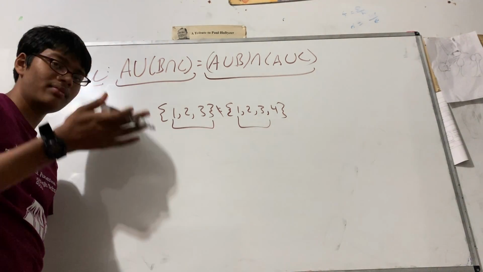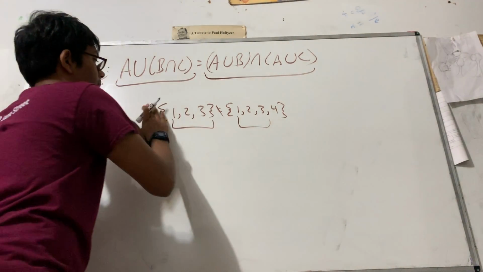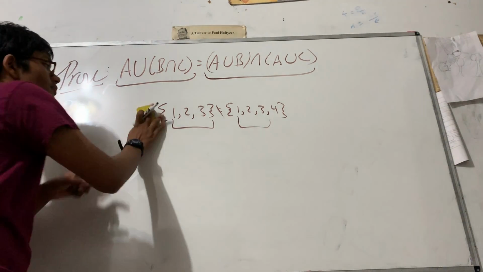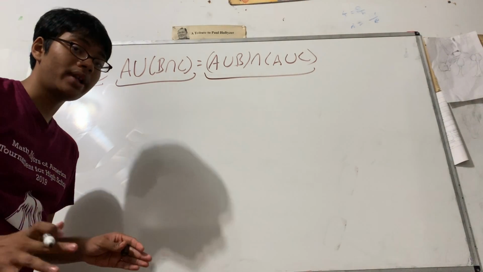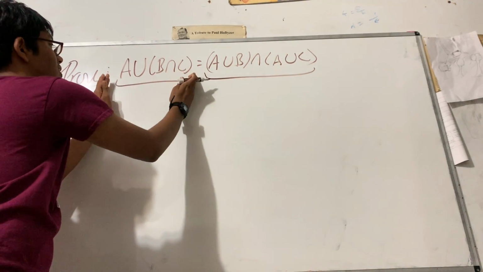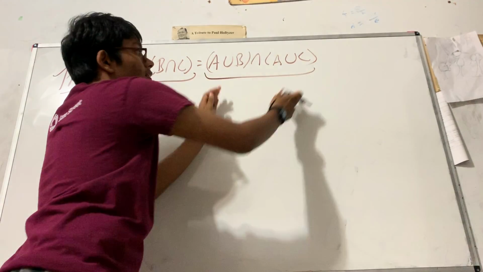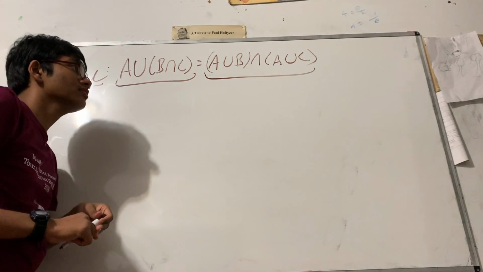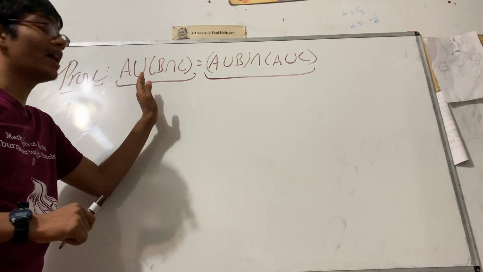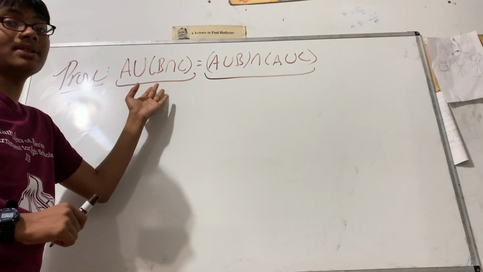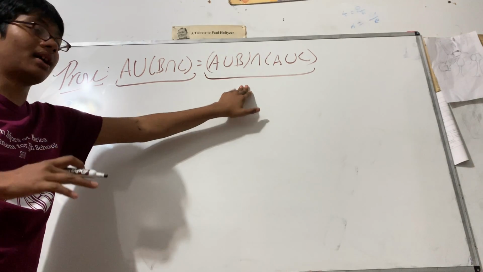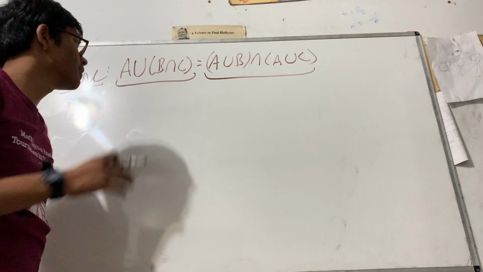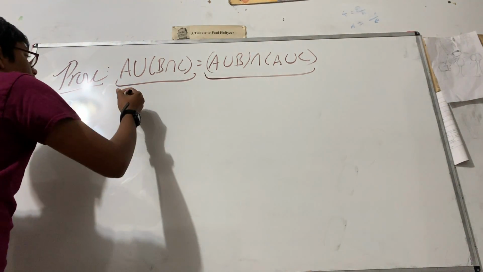So let's apply the same thinking to this problem. Our goal right here is to show that all the elements in this set are in this set, and vice versa. Remember, if we stop halfway by showing only that the left-hand set is in the right-hand set, that will not prove that these two statements are equal. So let's go ahead and solve the problem.